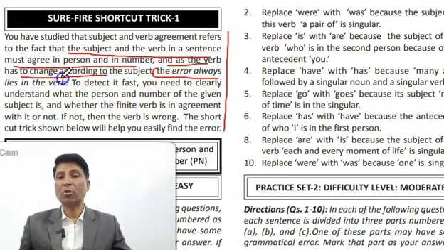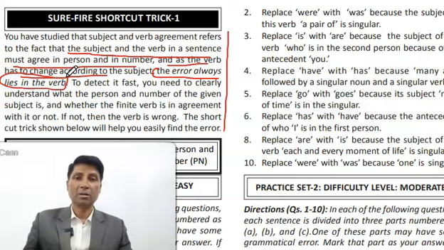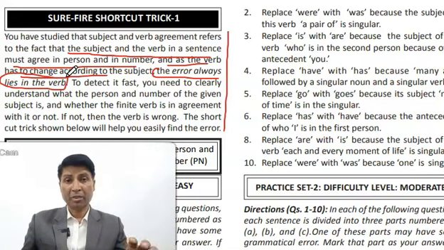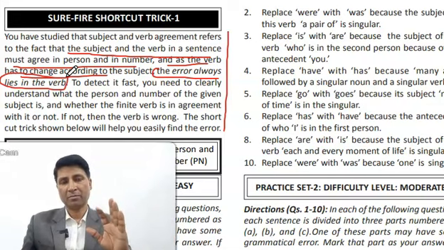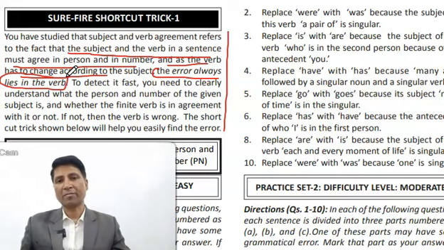The error always lies in the verb. Again, in this chapter, because the verb has to change according to the subject, drill it in your mind. The problem will always lie in the verb, but the solution is in understanding the subject.